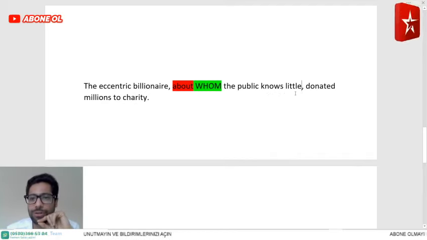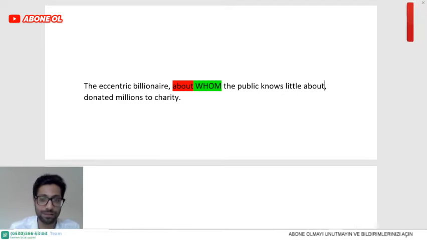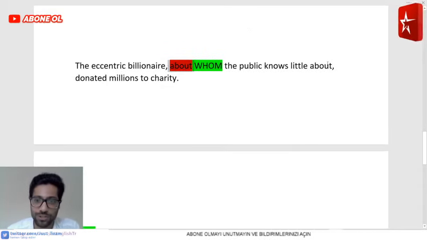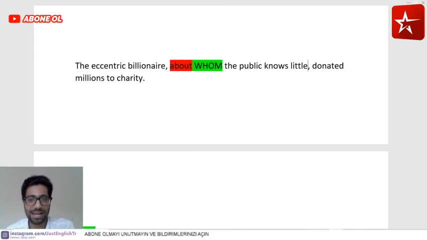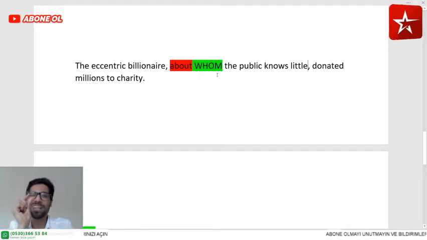Here you can put a preposition, but it's very wrong to put one at the start and another at the end. So we are deleting this one. It's adding information: the eccentric billionaire, people know little about.